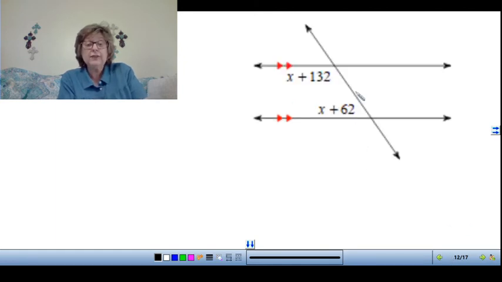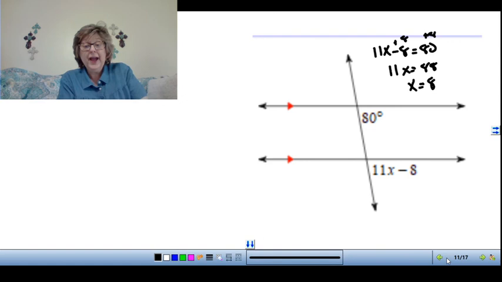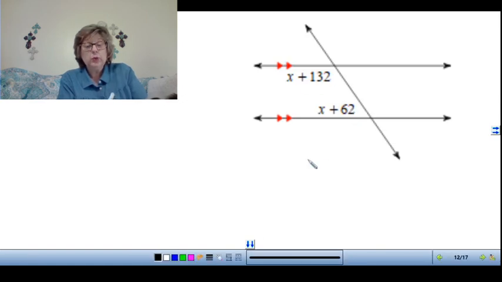And finally, these are on the same side and they're interior, so this is what I call same side interior. What do we know about same side interior? Same side interior are supplementary. Same side interior, same side exterior, and linear angles are all supplementary. That means I'm going to add them and set them equal to 180.